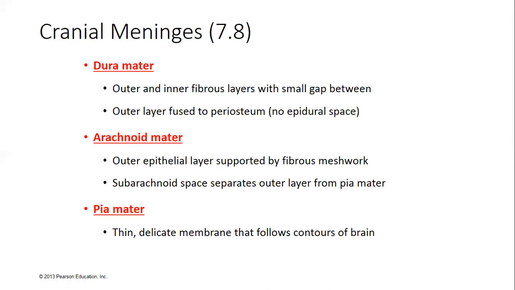That's basically where you can find cerebrospinal fluid that surrounds and cushions the brain. The innermost layer of meninges is the pia mater, the really delicate membrane that connects directly to the brain. If you think of the gyri and the sulci and the fissures in the brain, the pia mater just lines and contours those lines directly.